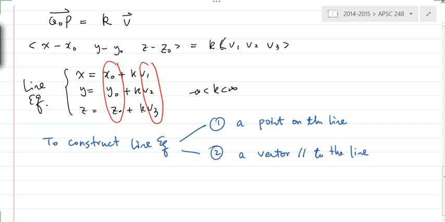Or the other way around. If you already have a line equation, so I'm telling the question, here is the line equation L. So what do you do first? You can write down two pieces of information immediately before you're doing anything else.